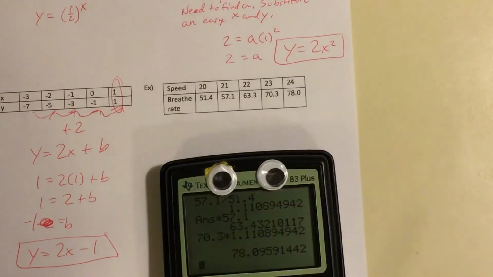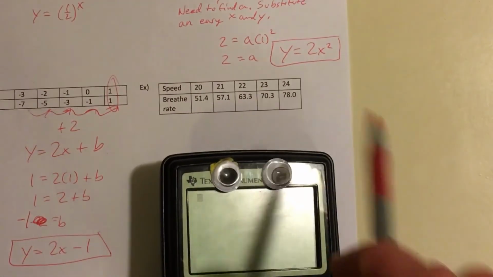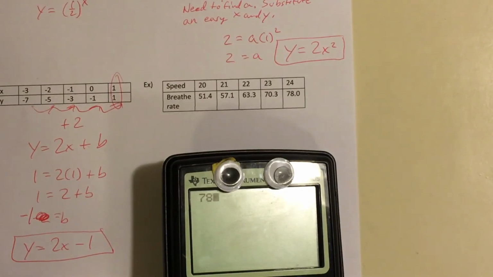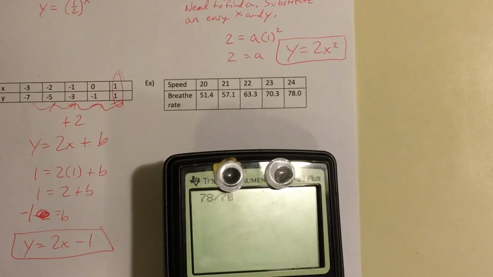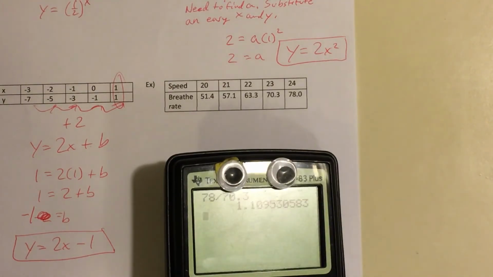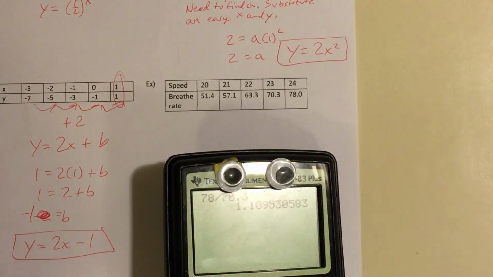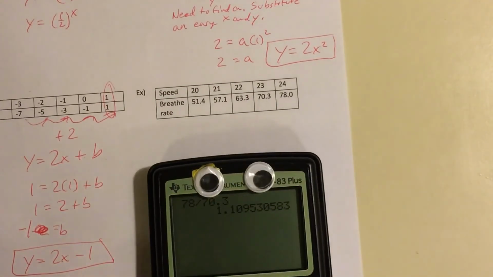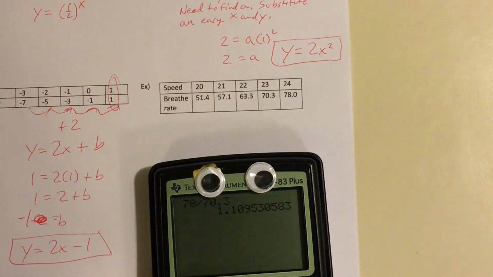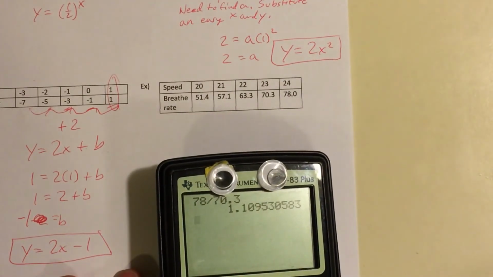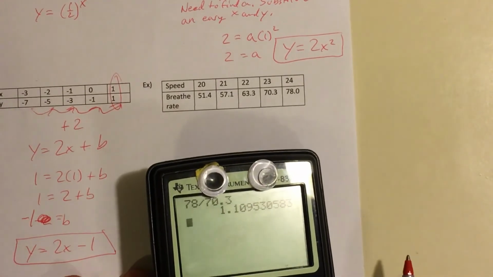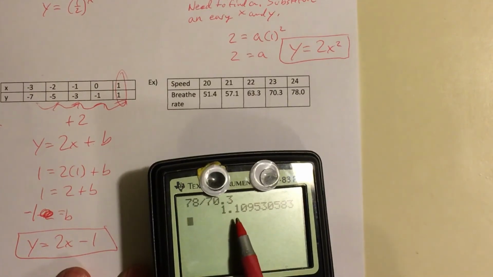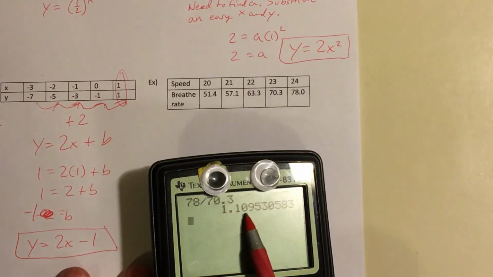Let me try one more thing. So we did new over old. Let's do new over old in a different spot. So 78 divided by 70.3. 1.11. Yeah, if you come across a problem like this where it's close but it's not exact, you know, ask me about it. But because what I got earlier was about 1.11, it was a little bit above.